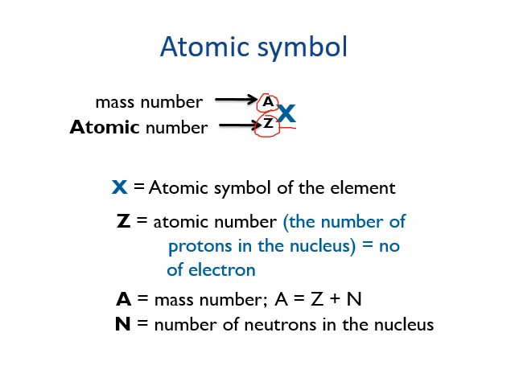Z is the atomic number, which is the number of protons in the nucleus. As we know, the number of protons is equal to the number of electrons. So A is equal to Z plus N. A is the mass number, equal to Z, the atomic number, plus neutrons. N is the number of neutrons.